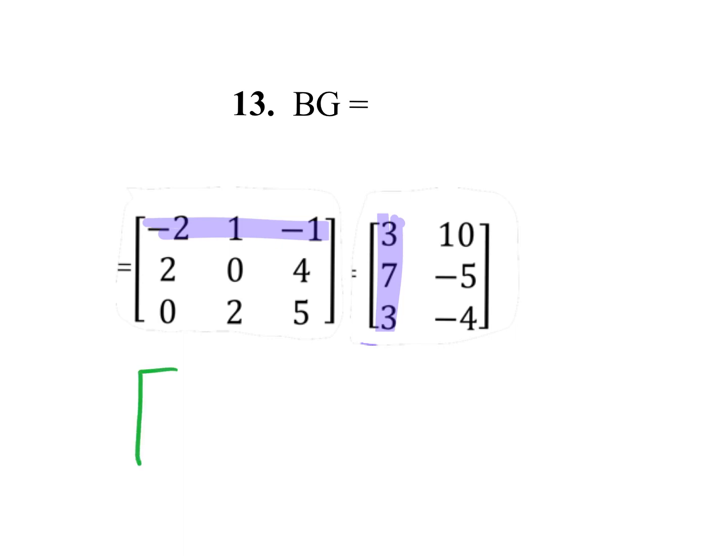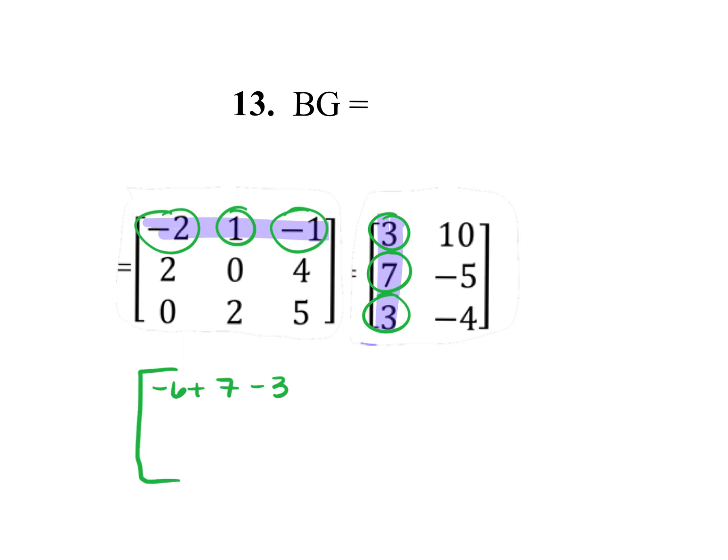So this is going to be -2 times 3 plus 1 times 7 plus -1 times 3. So you can just say -3 there.